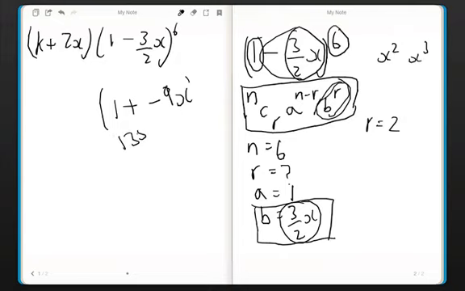It's 135 by 4 x squared. And we've got our x cubed term. This is minus 135 by 2 x cubed. I'm going to just check that again, considering I made a mistake in the last one. 1 to the power of 3 into minus 3 by 2 cubed, minus 135 by 2 x cubed.